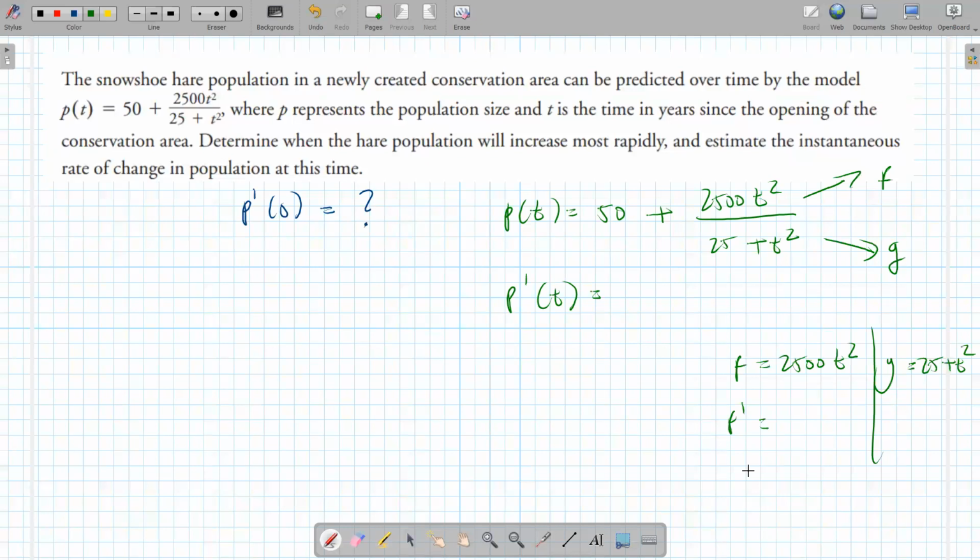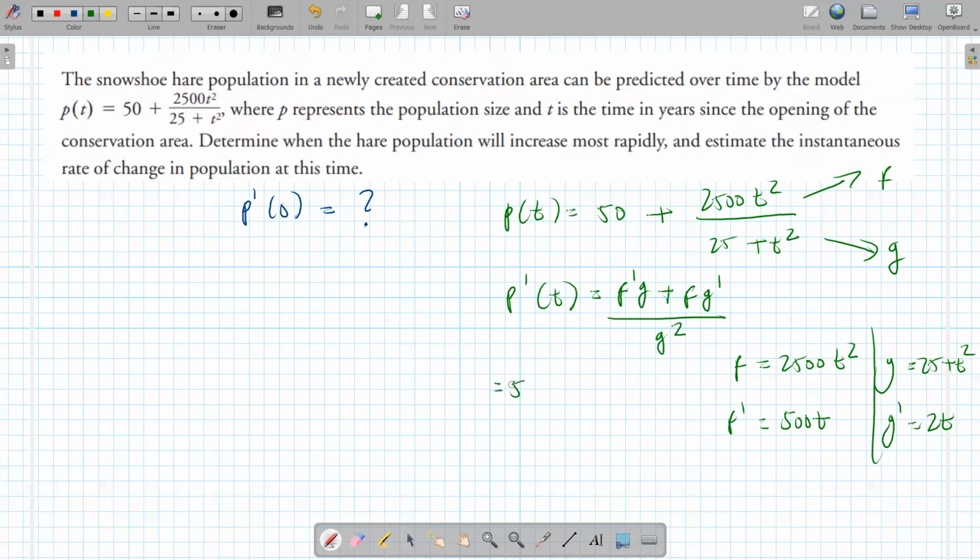It's 5000t. Yes. What's g prime? Its g prime is going to be 2t. 25 plus t squared becomes 2t. Okay? And this is the formula. F prime g, it just alternates. F prime g plus f g prime all over g squared.